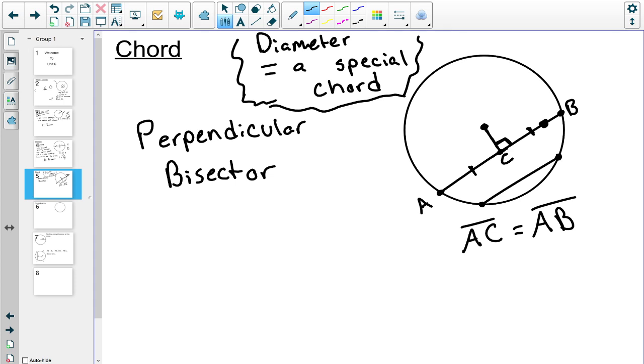And we would also know that this line here, from the center point to the chord, is perpendicular. So it sounds like a lot, but maybe I over-explained it. But keep that in mind, that the shortest distance from any point to a chord is the perpendicular bisector.